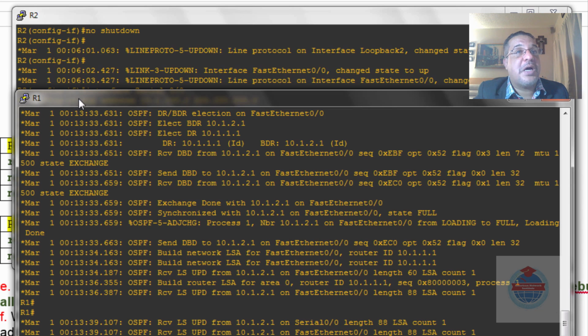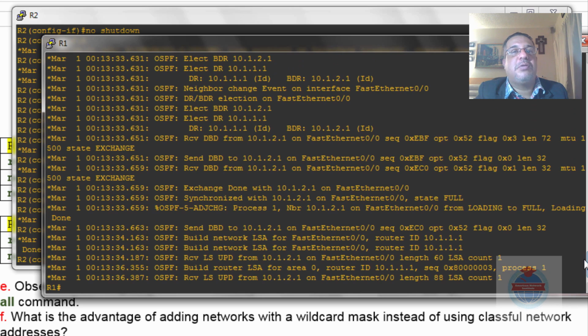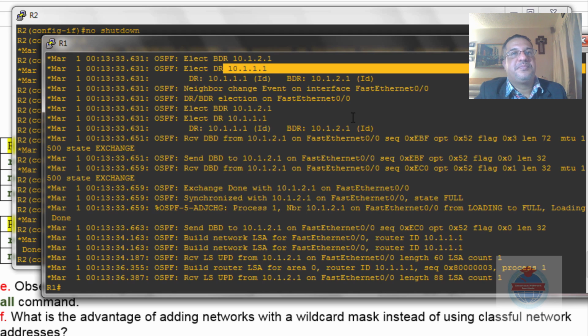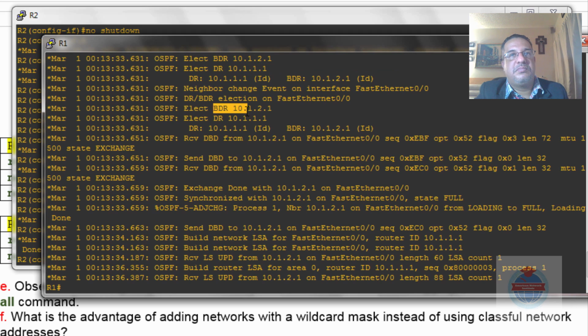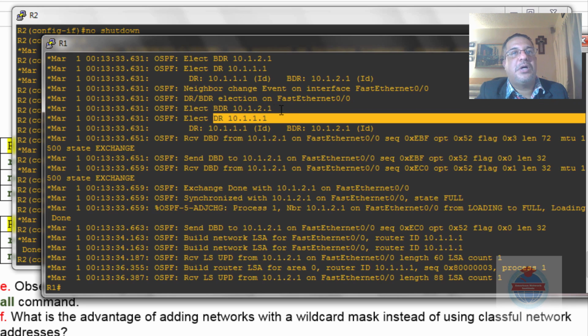And let's check on router 1. Everything is coming up as well. Something very interesting is happening as well. It start the election of the DR and the BDR process. And we're going to be talking about that in a second, guys. 10.1.2.1, and the DR is 10.1.1.1.